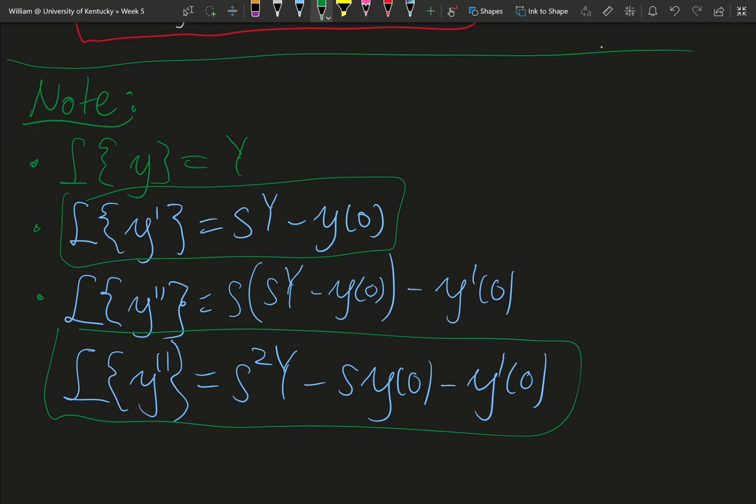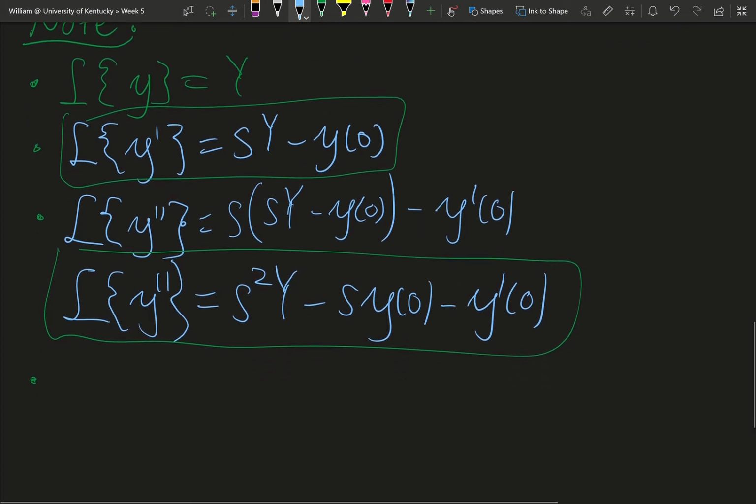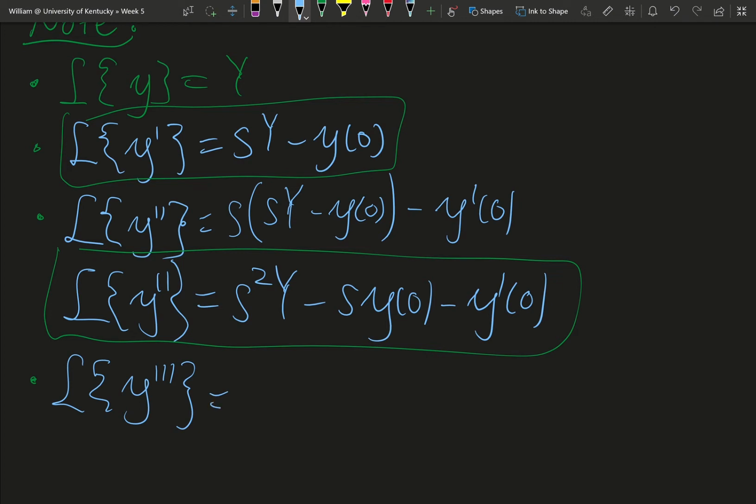And just to do one more, the Laplace transform of the third derivative of y is again s times the Laplace transform of y double prime minus y double prime of 0.